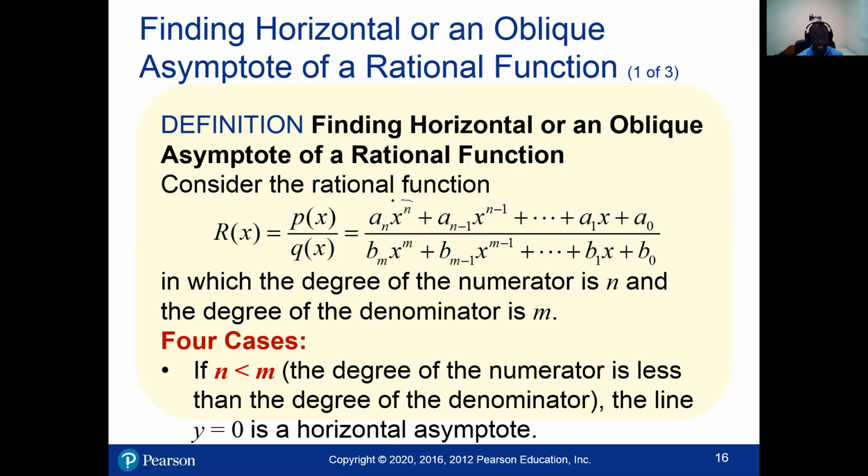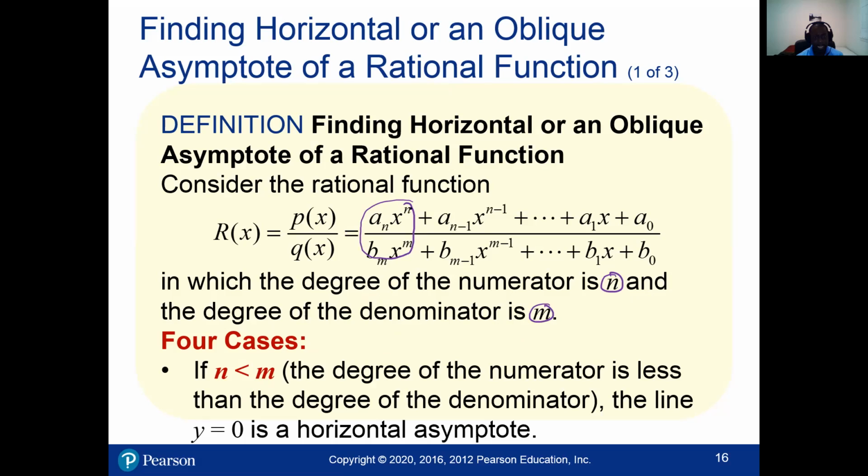But our main concern is the leading terms of the numerator and the denominator, and also the degrees. The degree of the numerator is n. The degree of the denominator is m. Now, there are 4 cases here.